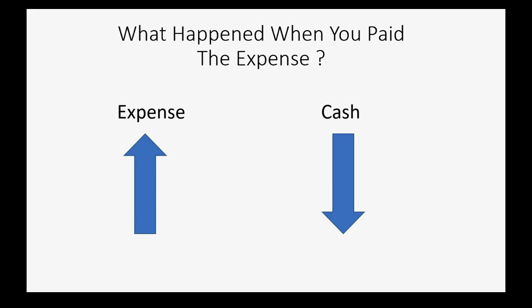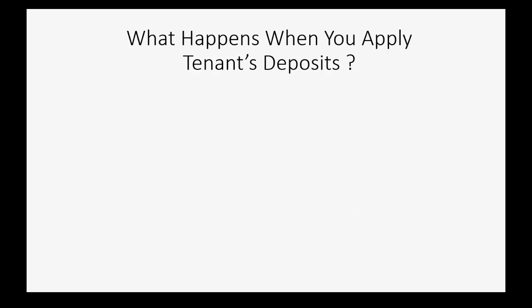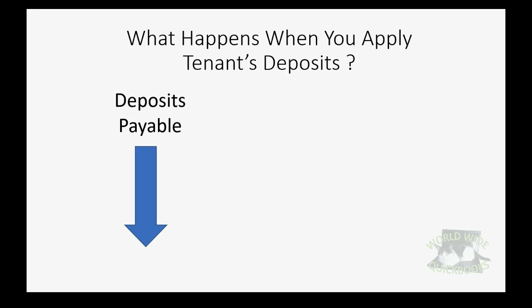So what happened when you paid the expense? Well, when you first paid the expense, of course, your expense went up and your cash went down because you had to pay an expense. But then what happens when you apply a tenant's deposit to that expense? Well, if you apply a tenant's deposit, that means you owe the tenant less because you're not going to give back the deposit.